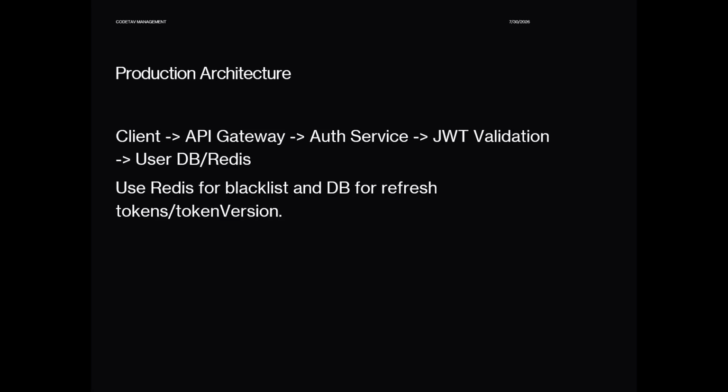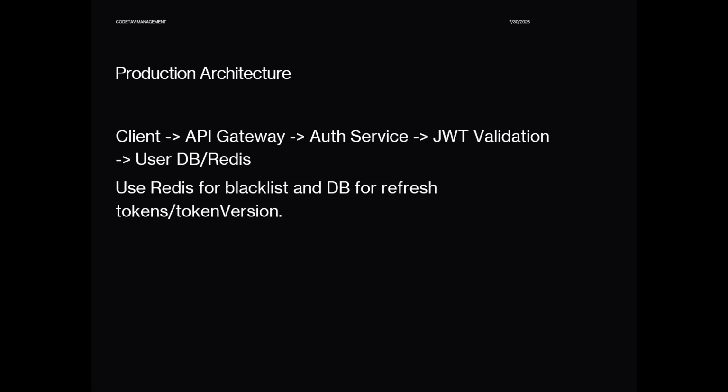Every API request passes through the Spring Security filter. The filter validates the signature, expiration, token version, and blacklist. Only then is access granted. When the user clicks logout from all devices, the application performs three operations.